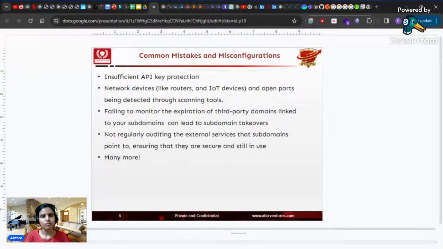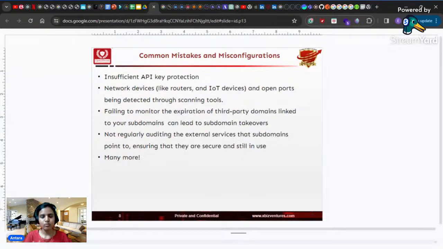Failing to monitor the expiration of the third party domains that are linked to your subdomains can lead to subdomain takeovers, right? This is also one of the methodologies that an attacker uses, and we as pen testers do it while performing an OSINT activity.